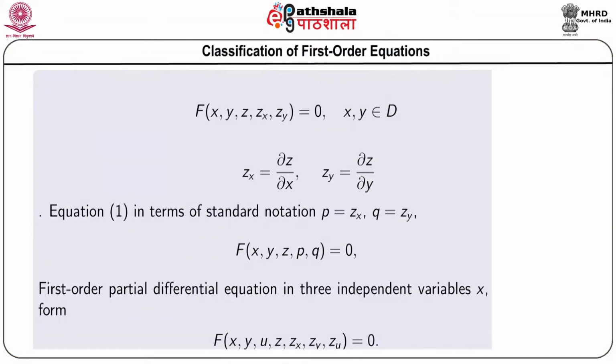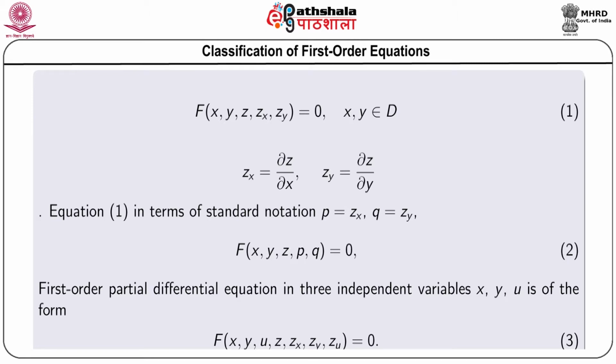So, now we are going to start module 1 and go to our first slide of module 1. We have classified a general partial differential equation in chapter 1. Now, we want to do this classification in the context of first order partial differential equations.